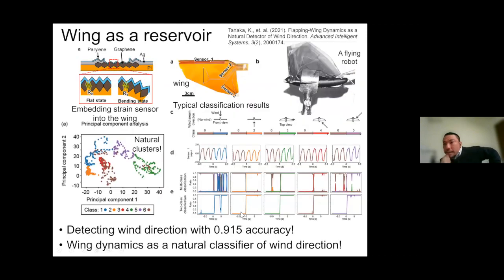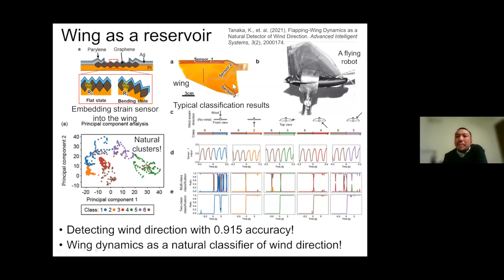And also recently, we found that the wing of flying robots can also be used as a reservoir. Please check the paper for details, but in collaboration with scientists from Takei Sensei from the flexible sensor community, we incorporated a flexible sensor directly into this wing.